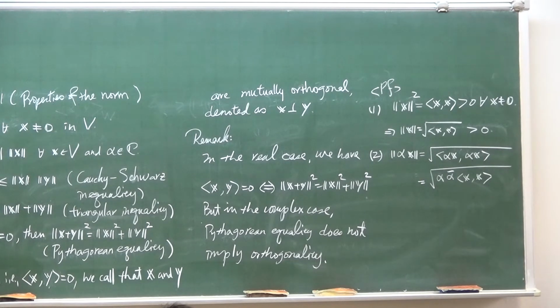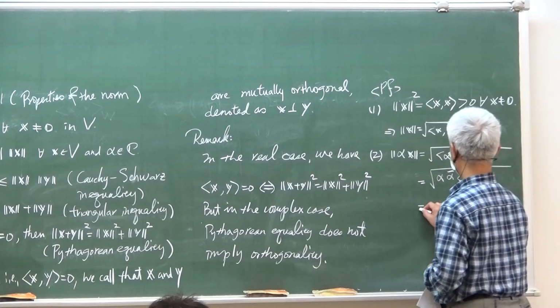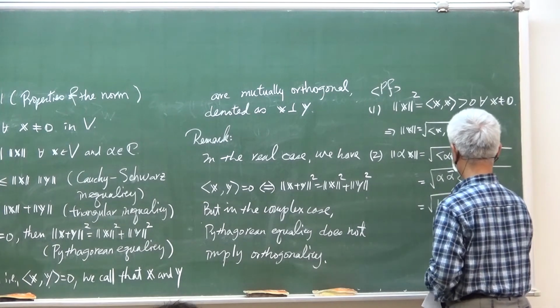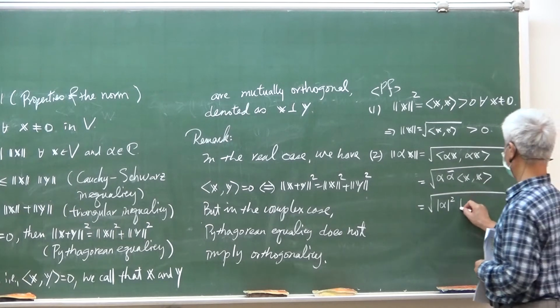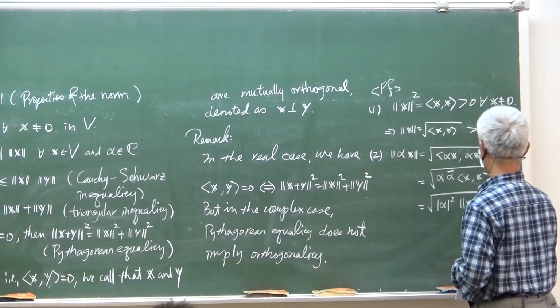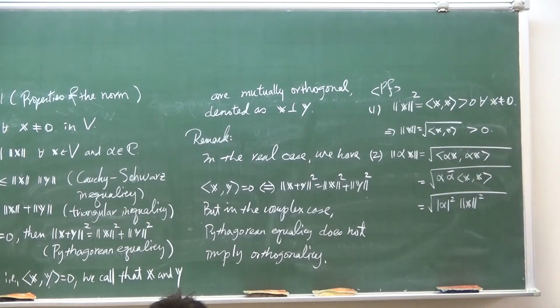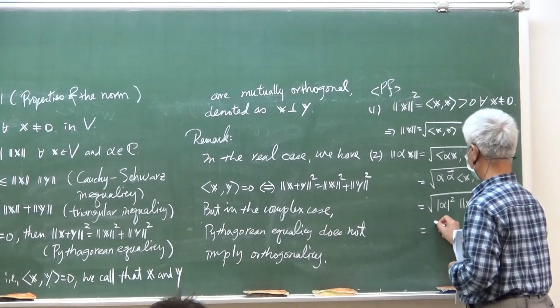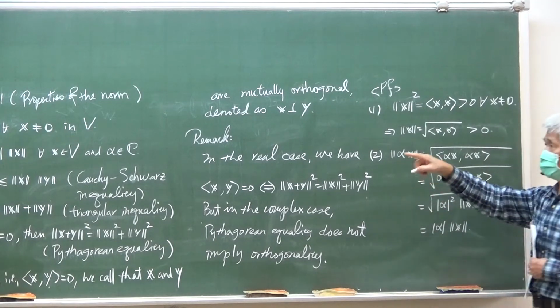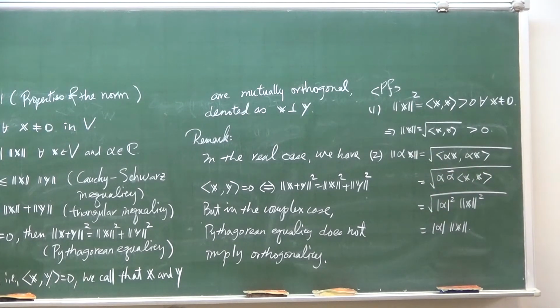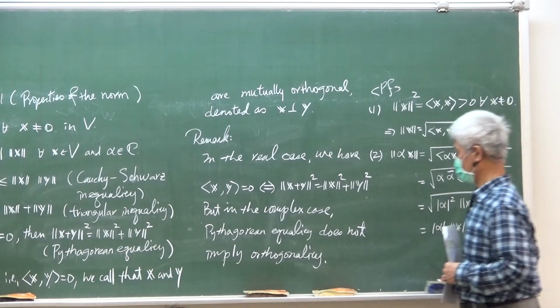Is that okay? Okay, and so now we have the square of the absolute value of alpha times the square of the norm of x. Now, by taking the square root, we have the second part.